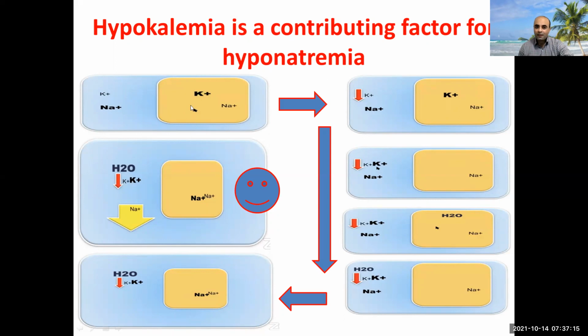We have an intracellular compartment and an extracellular compartment. Extracellular includes intravascular. And when I have hypokalemia, potassium will, by osmotic gradient from high concentration to low concentration, come here and take water with it outside, and lead to more positive charge and more negative charge here.